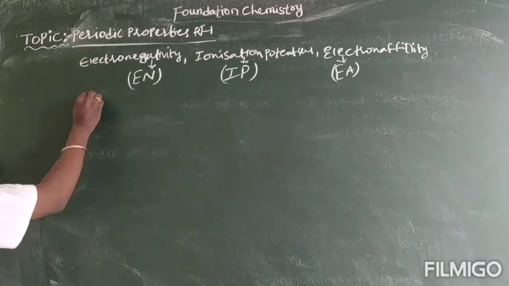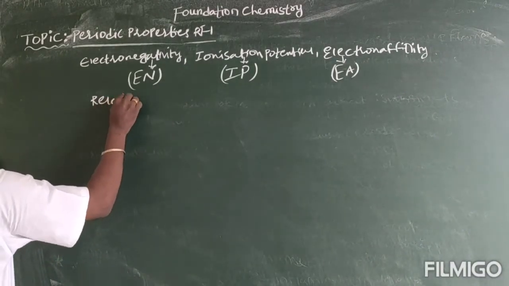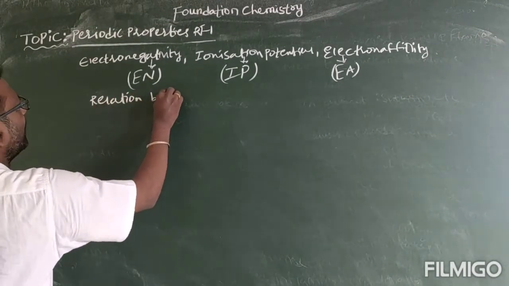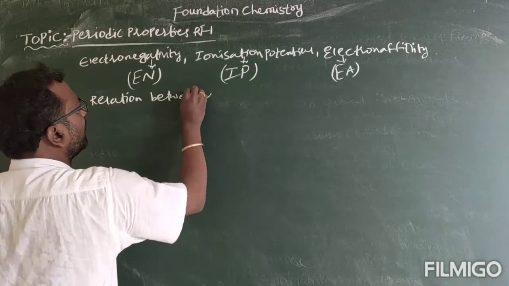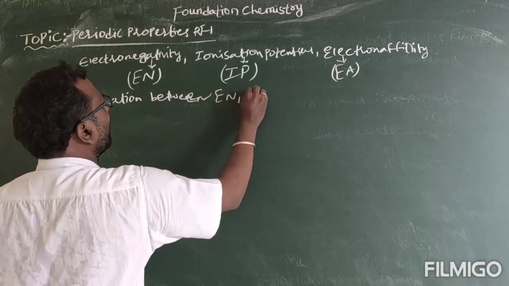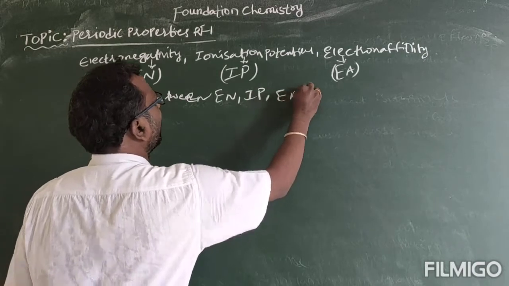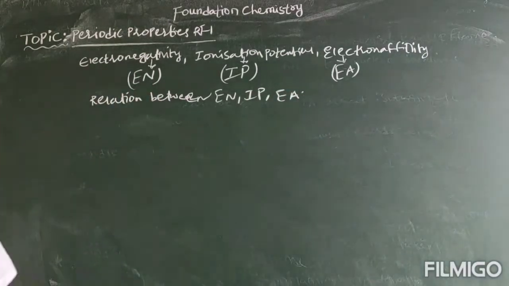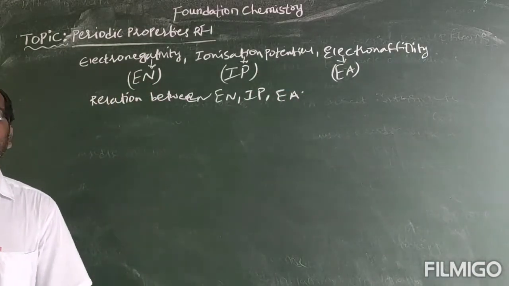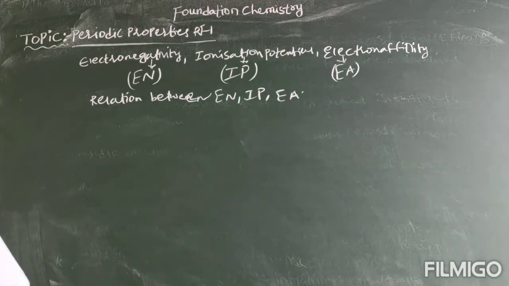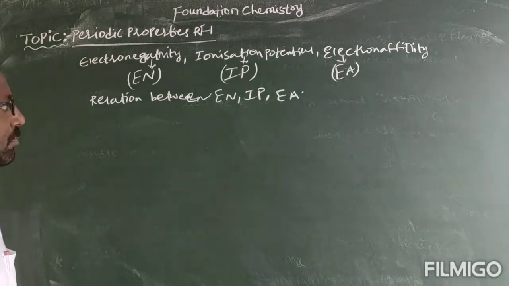Now what is the relation between En, Ip and Ea? We are going to discuss the relation between electronegativity, ionization potential and electron affinity.